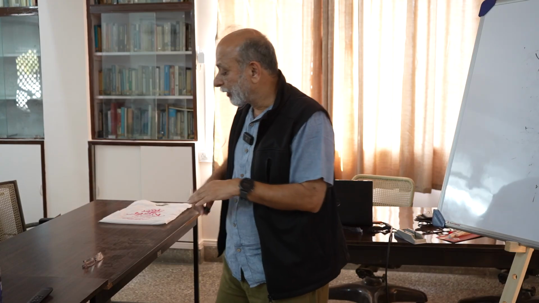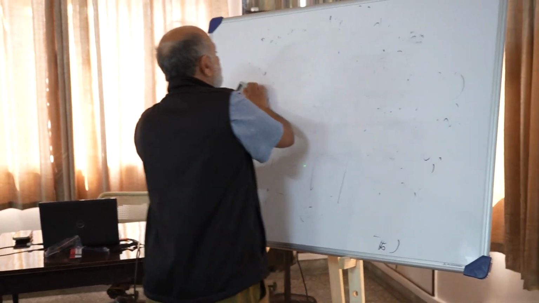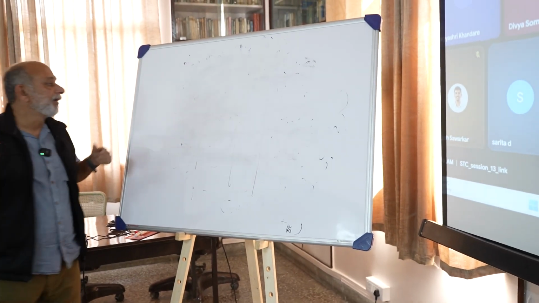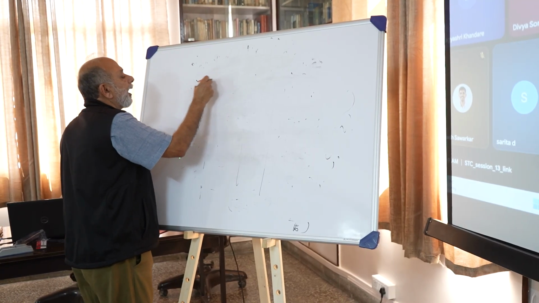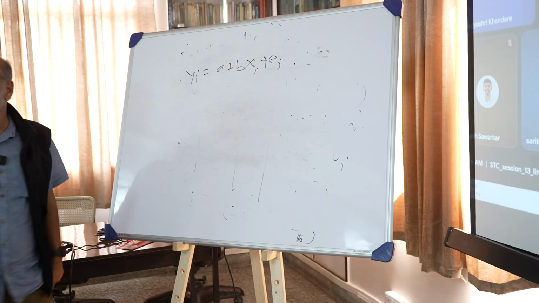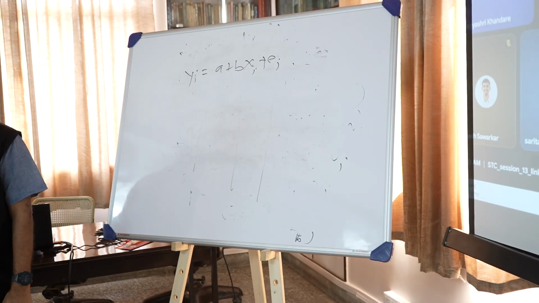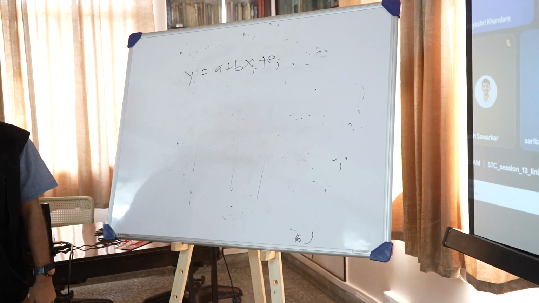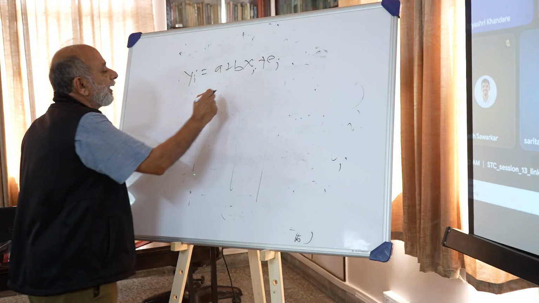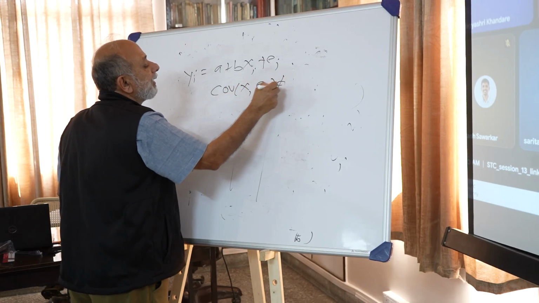Okay, so that brings me to what is called instrumental variables. So what's an instrumental variable? Suppose yi is a plus b xi plus ei, and x and e are correlated. So basically I have a problem: covariance of xi and ei is not 0.